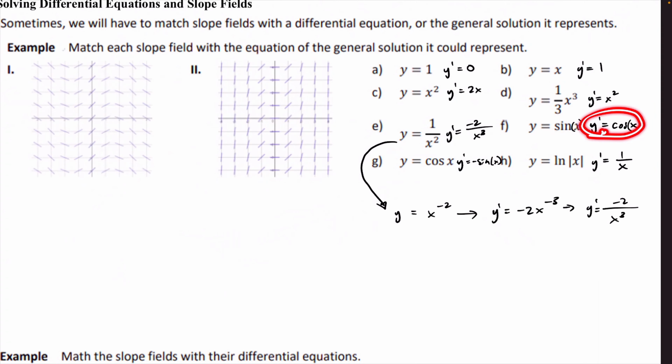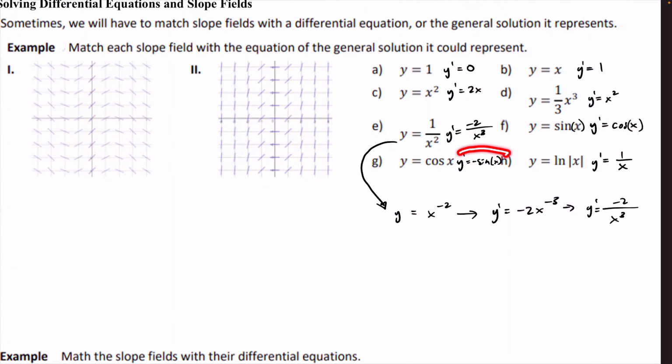So when x is 0, what is the slope for this guy here? 1, right? Positive 1? Does this look like a positive 1? It does.